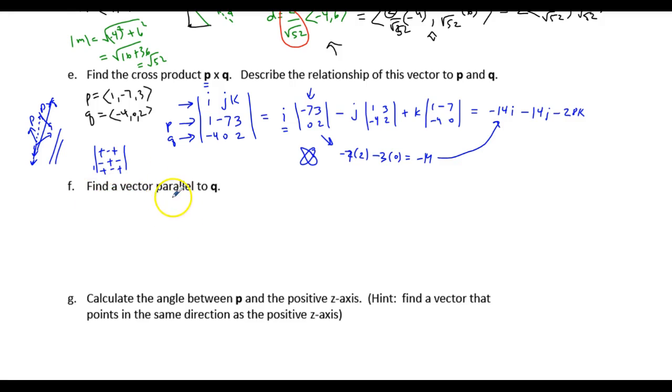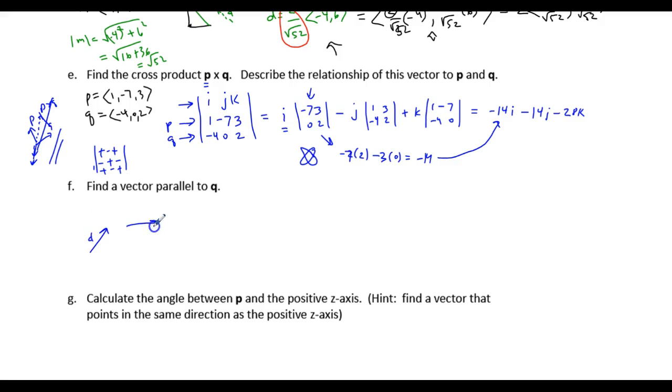Hopefully this is a pretty straightforward idea. When we did parallel vectors, the idea was that if I took any given vector, call it vector d, any vector that's parallel to d is going to be just some scalar multiple of it, which means I'm just going to stretch it or shrink it to be a multiple of that.